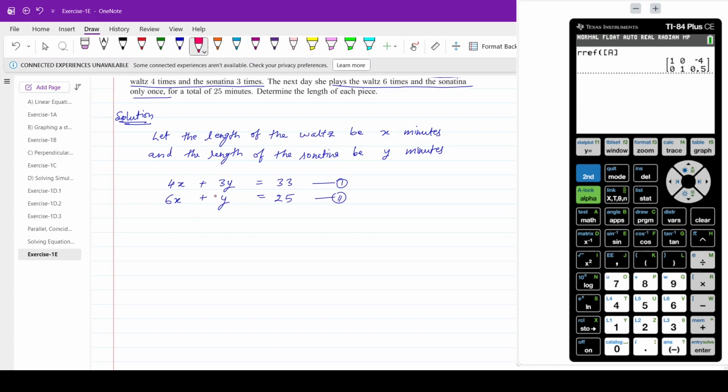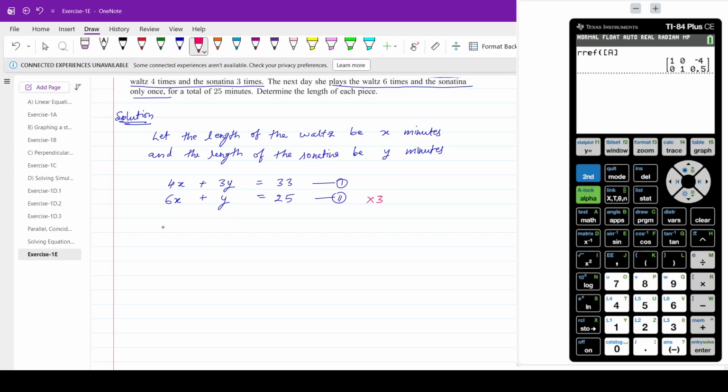So what we can do is, we have 3y in equation 1 and y in equation 2. So we can multiply equation 2 by 3, and we'll get 3y in the second equation, so that we can cancel out this 3y.